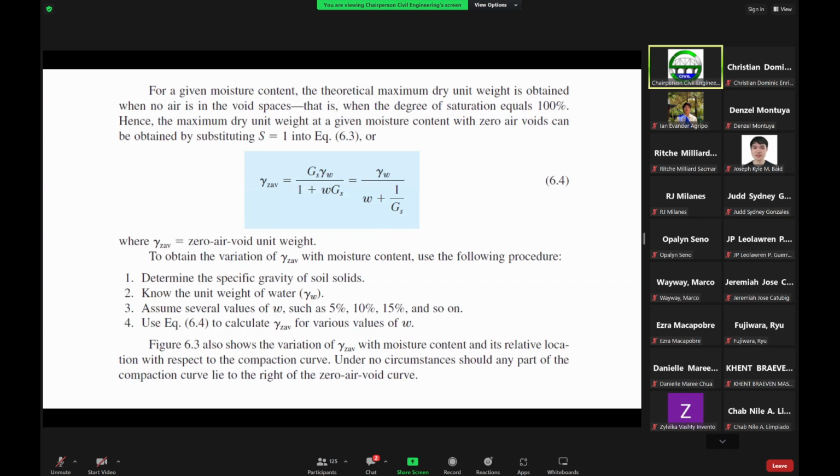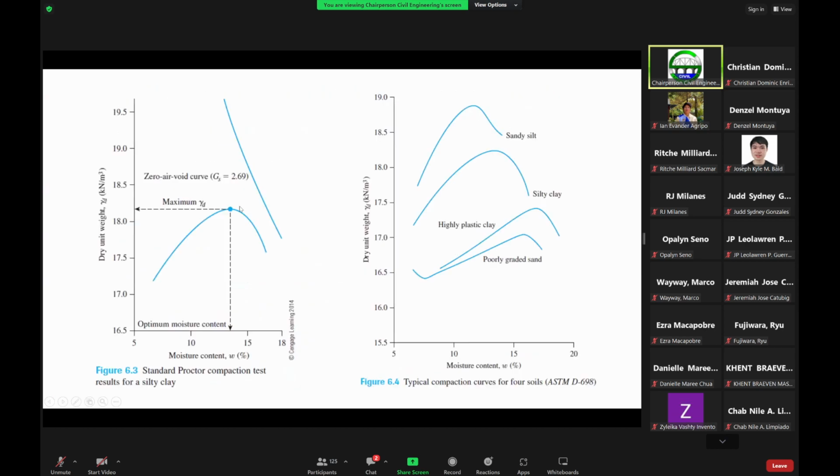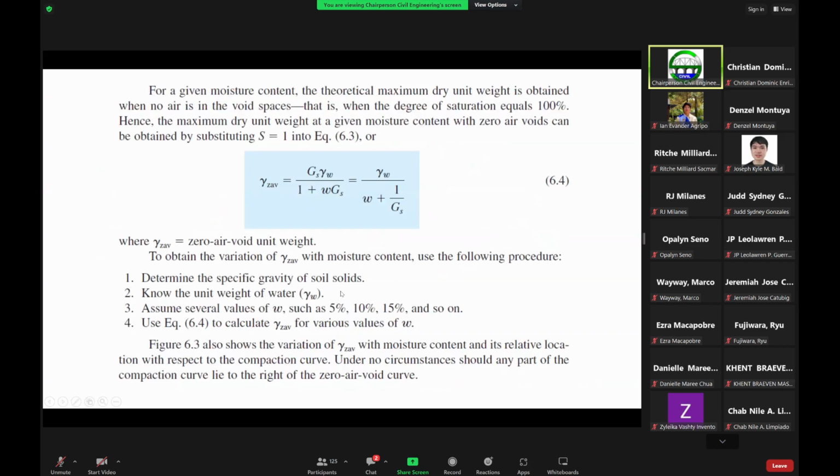Then we calculate the zero air void unit weight for various values of the water content. Because the specific gravity is known for a given soil material, we can now plot this theoretical zero air void curve for different moisture contents at a degree of saturation of 100%.